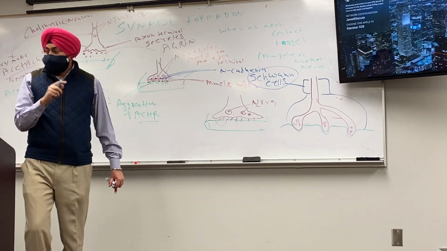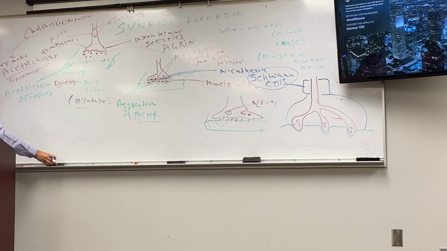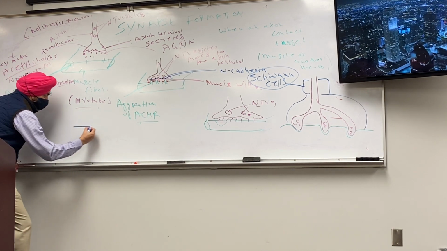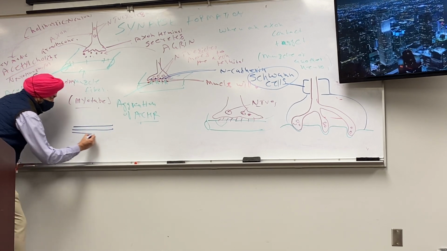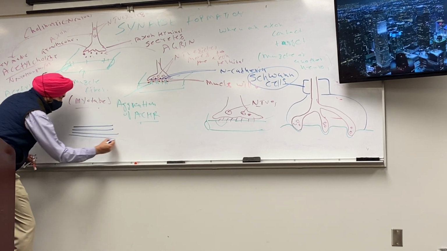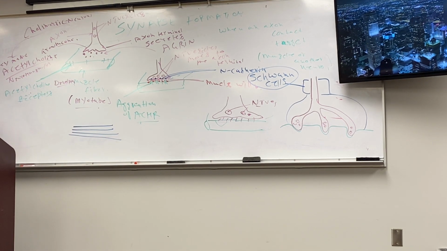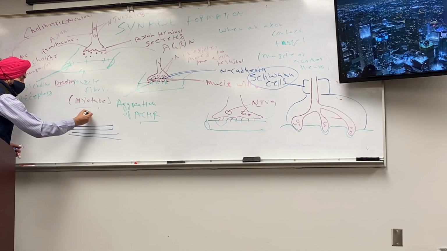Now, what can happen? You can have this muscle fiber, this is another muscle fiber, this is another muscle fiber, multiple muscle fibers. Now, here is one axon, here is another axon, here is another axon.